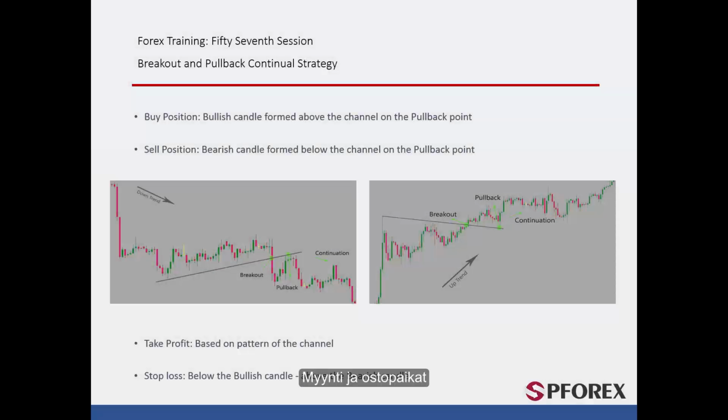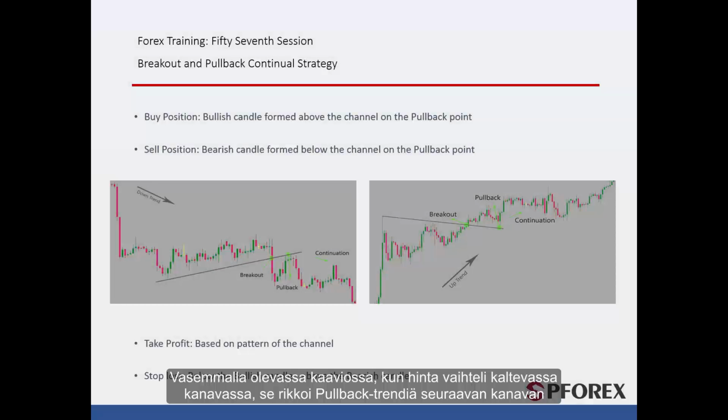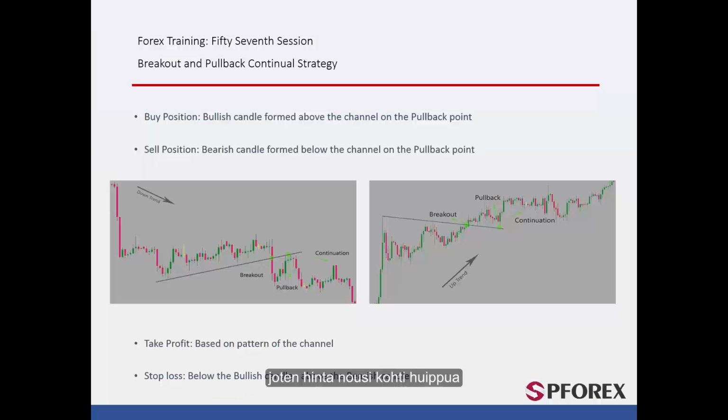Buy and sell positions. On the left graph, after the price fluctuated in a gradient channel, it has broken the channel followed by a pullback trend. Eventually, a reversal candlestick has formed near the edge of the channel on the pullback point, hence price increased towards the top.